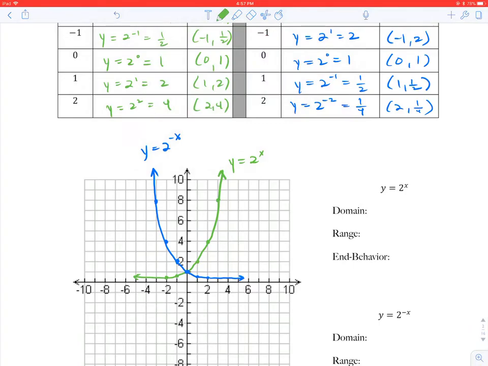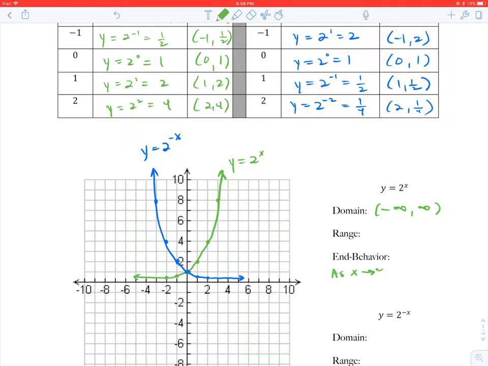Okay, so the domain of 2 to the x, it looks like, is all real numbers. And we could think about substituting any, so from negative infinity to positive infinity, you could substitute values in for x, and you would end up with a y value. The range, so let's think about the range. So as x is getting very large, y will just keep getting larger and larger and larger. And this is kind of thinking about end behavior, right?